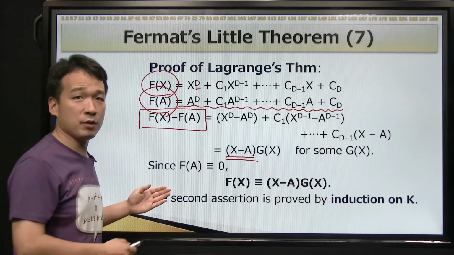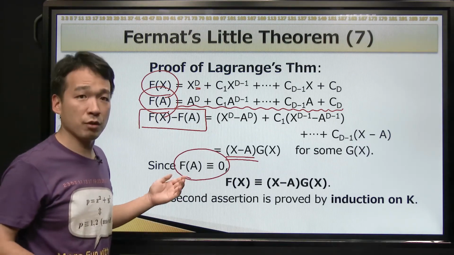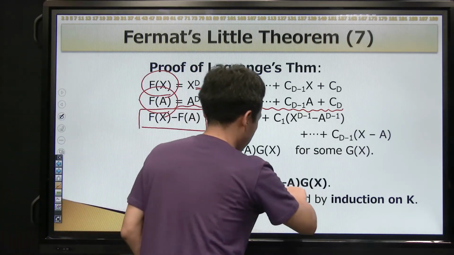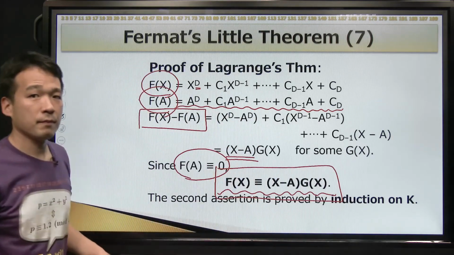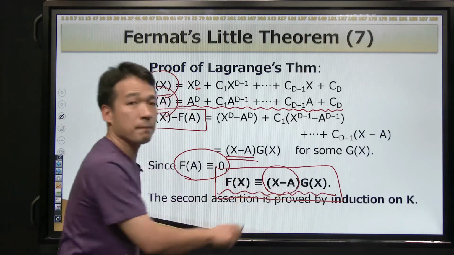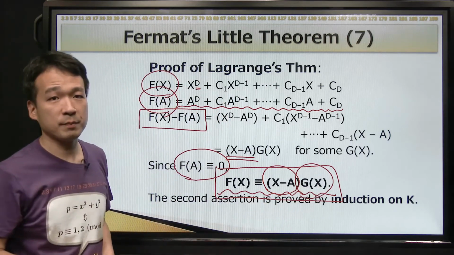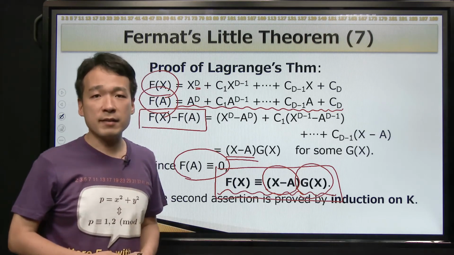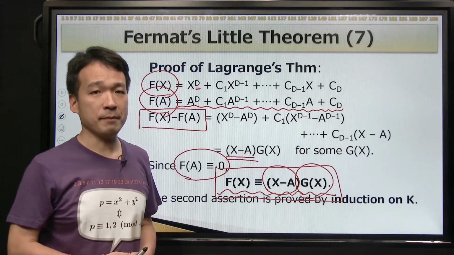Since we have assumed f(a) is congruent to 0 modulo p, we see that f(x) is written as the product of x minus a and another polynomial g(x). This proves the first assertion. The second assertion is proved by induction on the number of roots k.